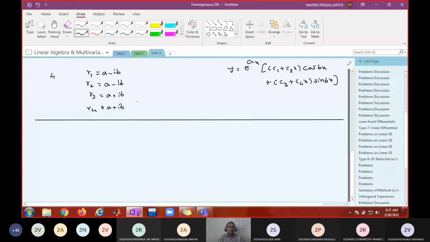So, what is the method of solving homogeneous DE? Method of solving the homogeneous DE, f of D of y equal to 0. First step, write the auxiliary equation.